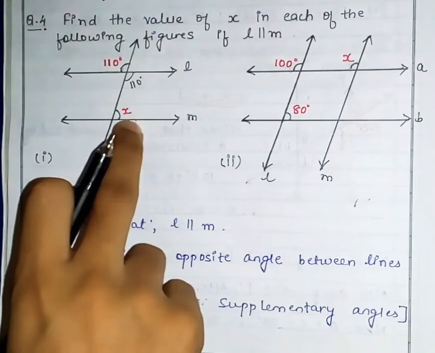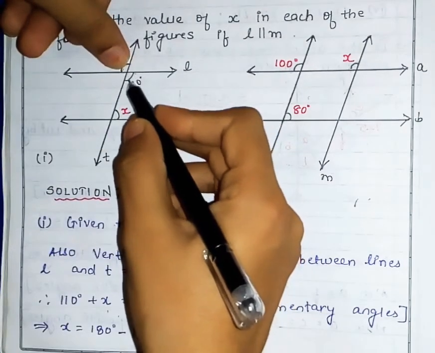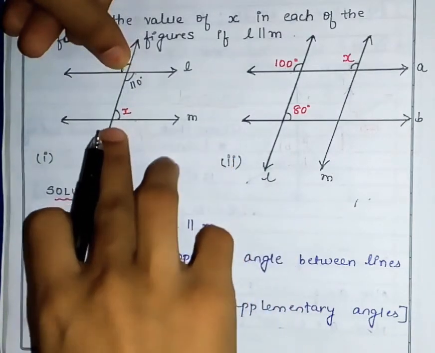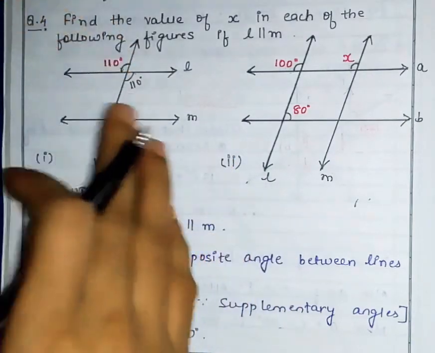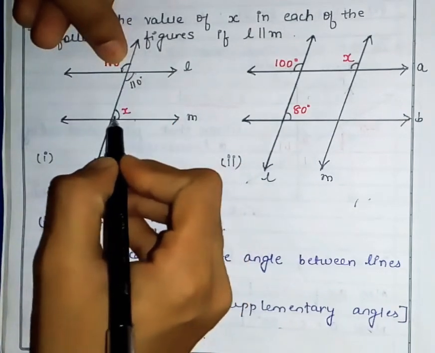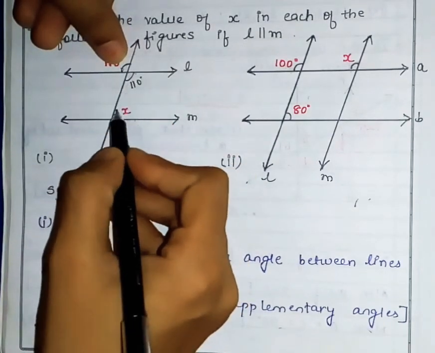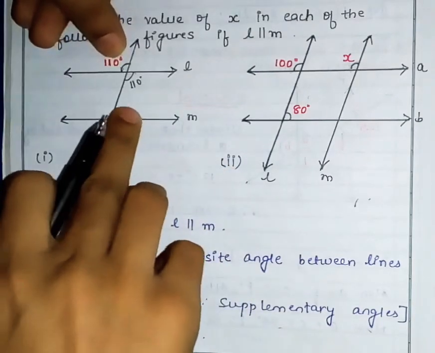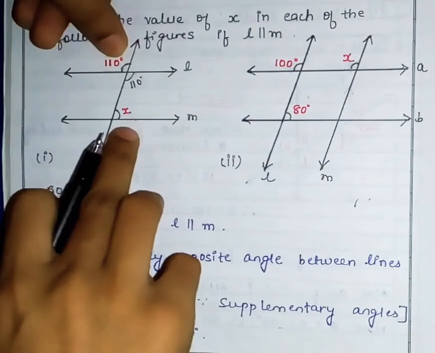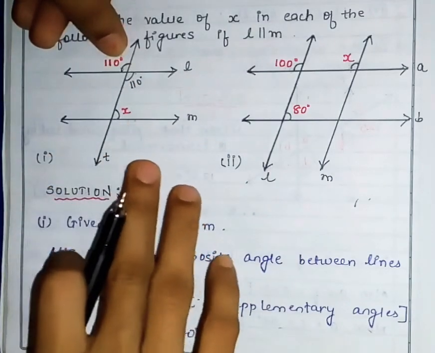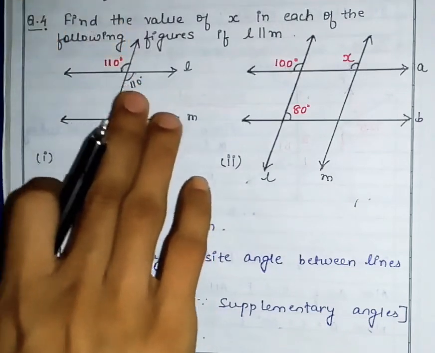This angle 110 and this angle x are both lying on the same side, the right side, and both are interior angles.